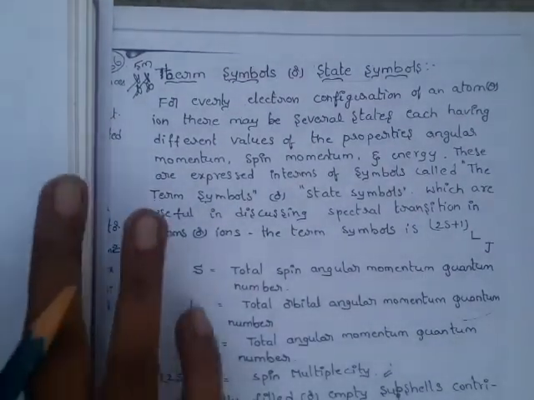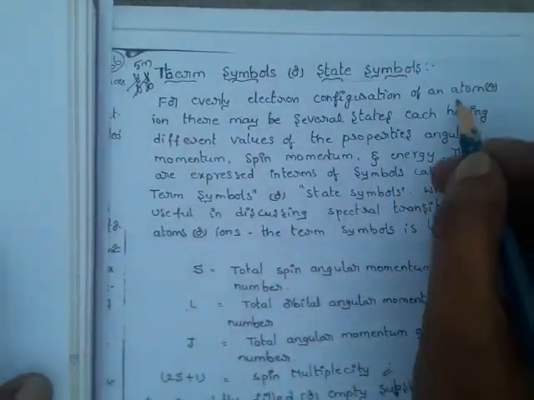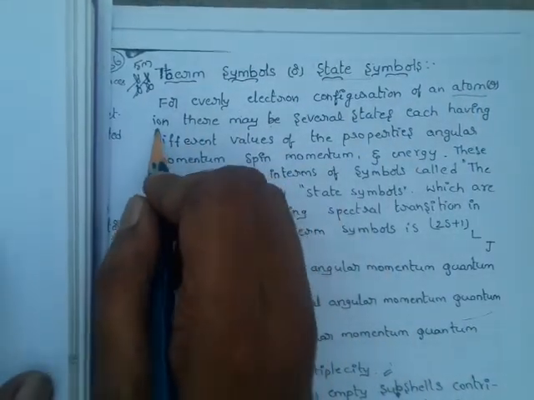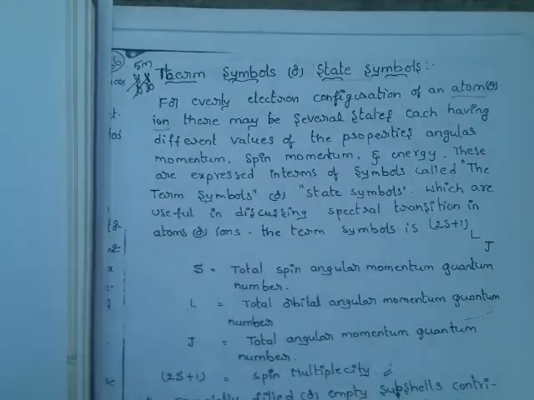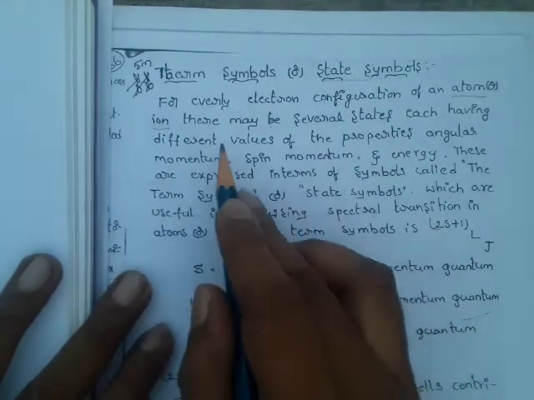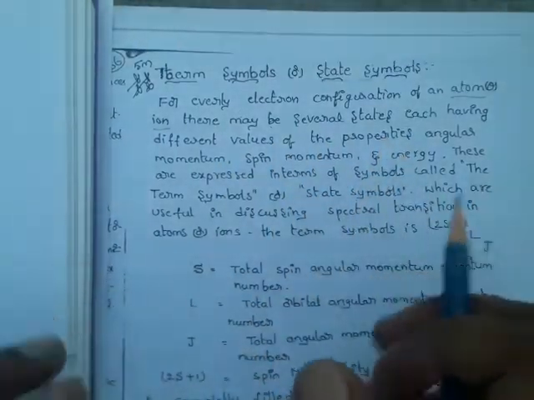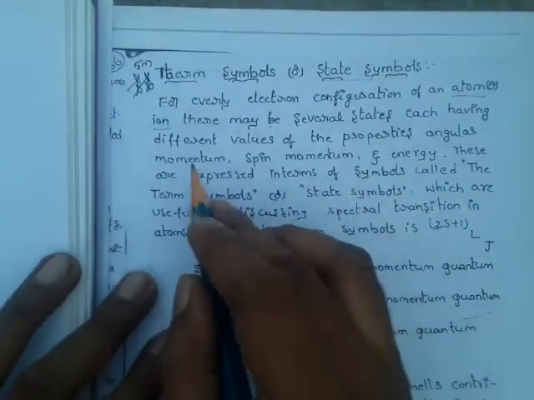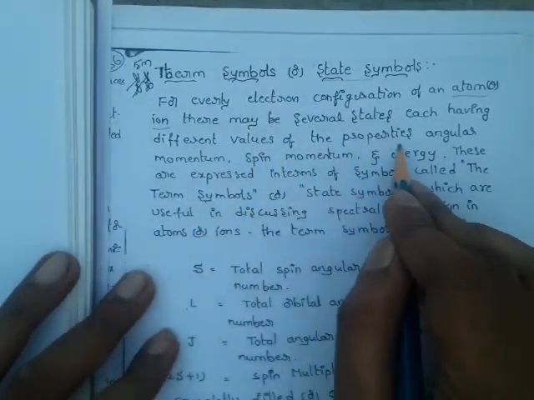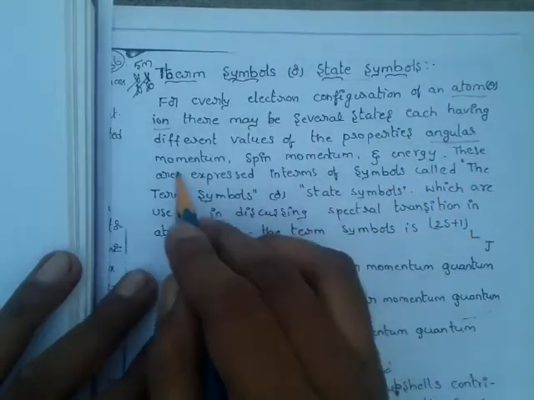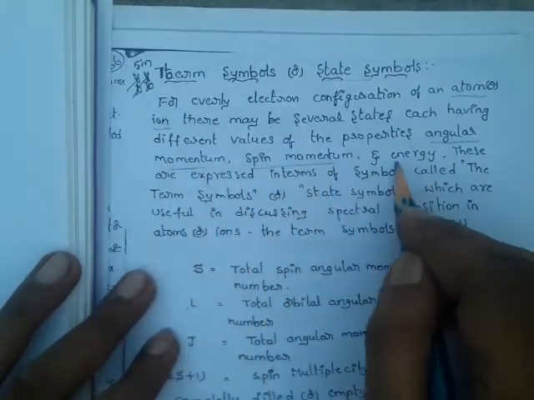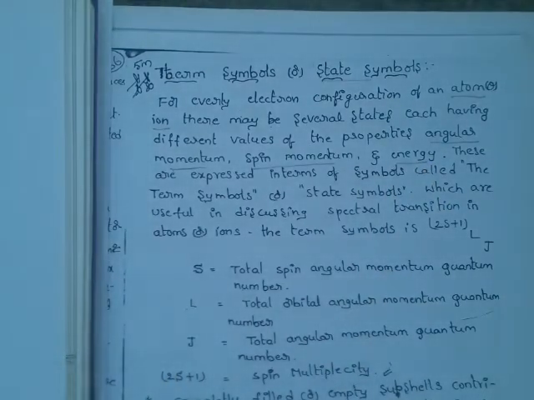Generally, for every electronic configuration of any atom like hydrogen, helium, lithium, or any ion like lithium ion or sodium ion, there may be several states, each having different values of properties like angular momentum, spin momentum, and energy.